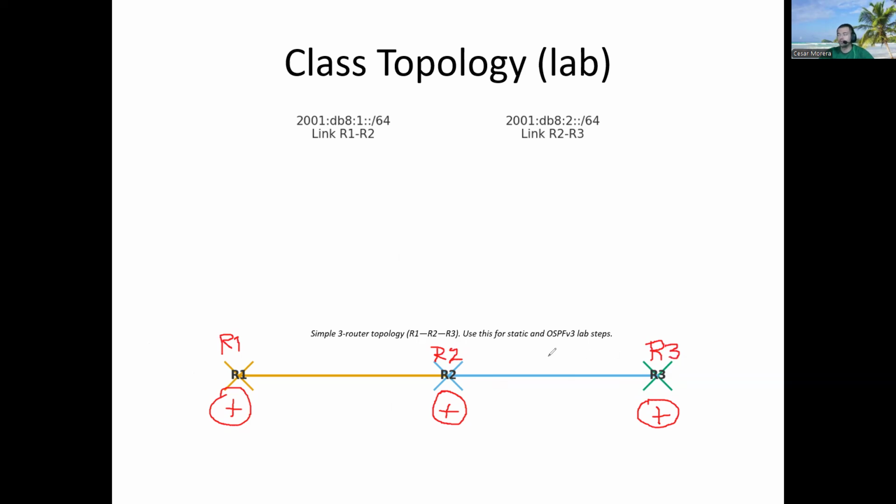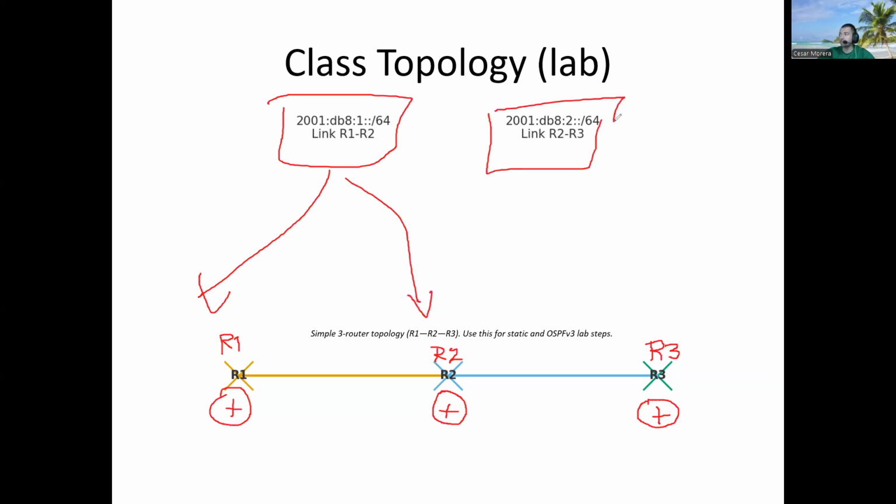And basically we can just go to ChatGPT and ask, please create a Cisco Packet Tracer lab so we can add this IPv6 address for both router 1 and router 2, and then this other IPv6 address for both router 2 and router 3.